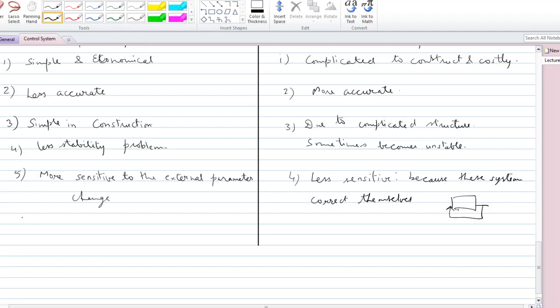Okay, now the sixth one is, power requirement is less as the number of components is less. Less number of components are required. Whereas in this case, more components are required.